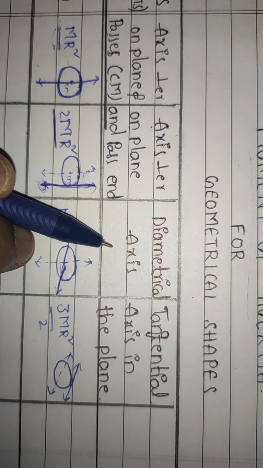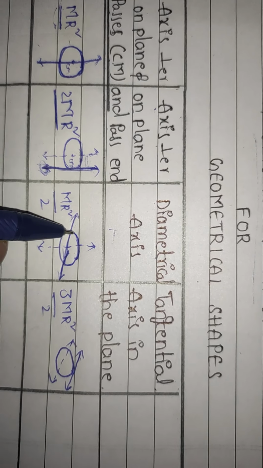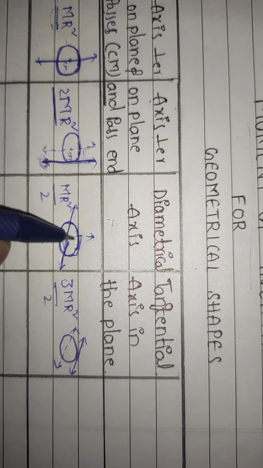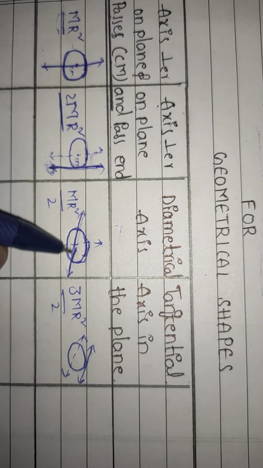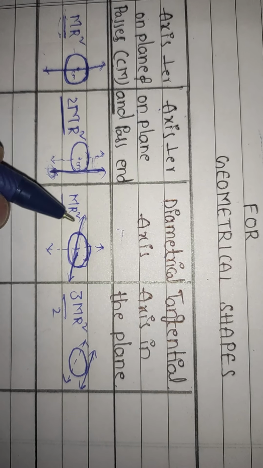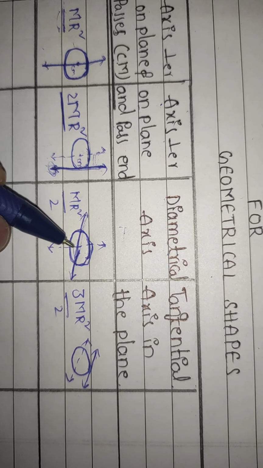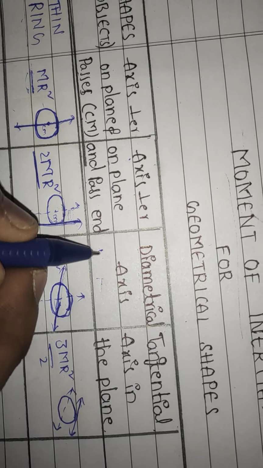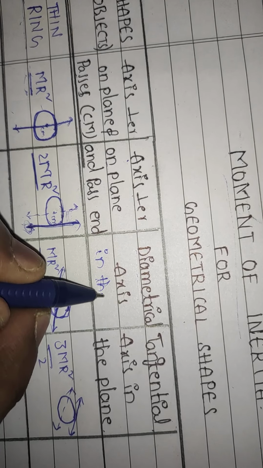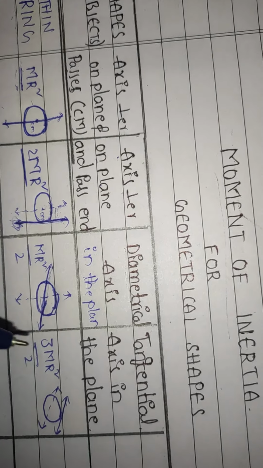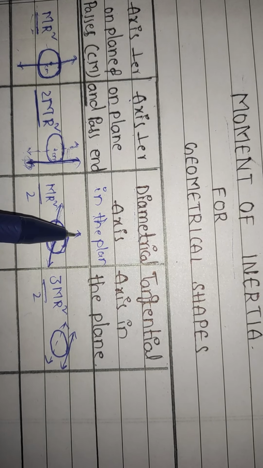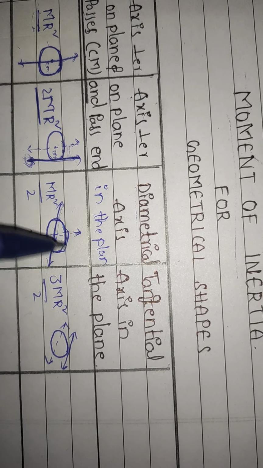Now diametrical axis. Diametrical axis means passes through diameter and in the plane. Now take this dotted line as the first one.